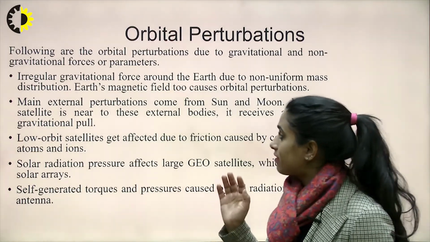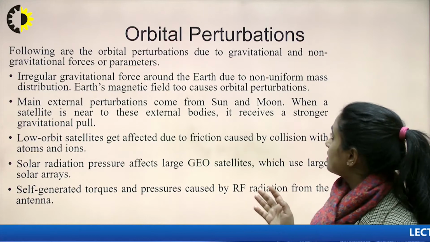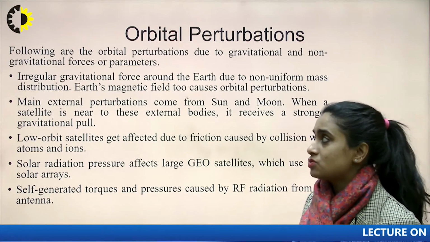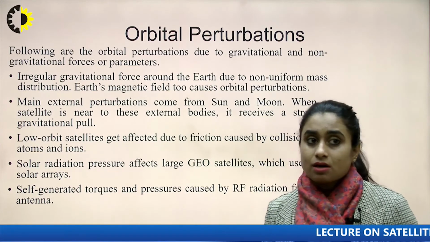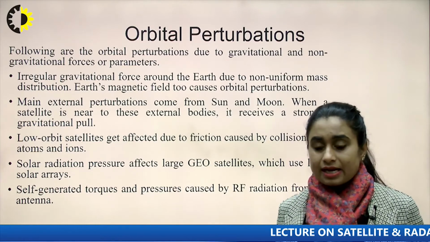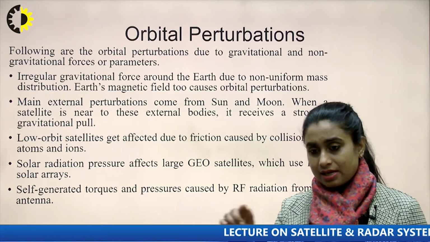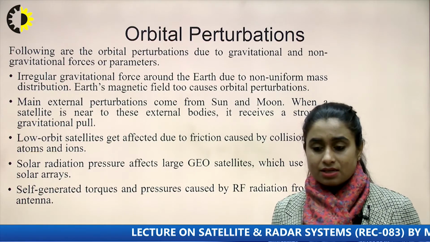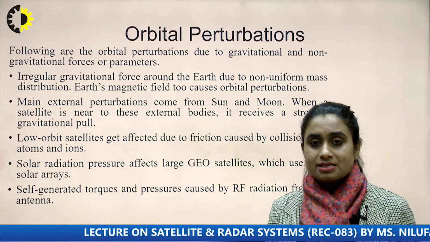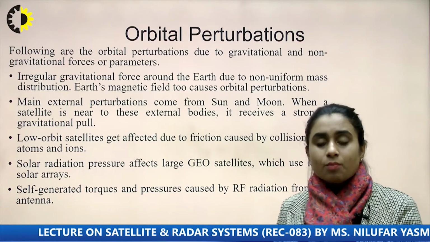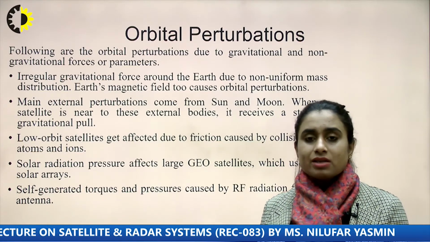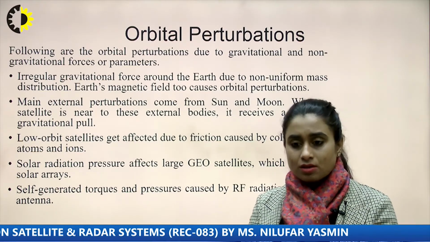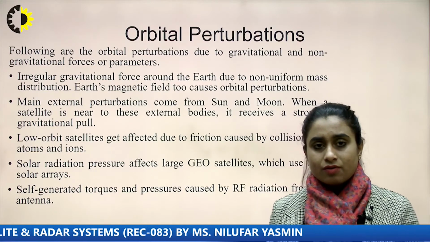The irregular gravitational force around the Earth due to non-uniform mass distribution. We know inside the Earth we have heavy metals. Somewhere these heavy metals are dense, somewhere the composition varies. So gravitational force also depends on the composition of Earth.